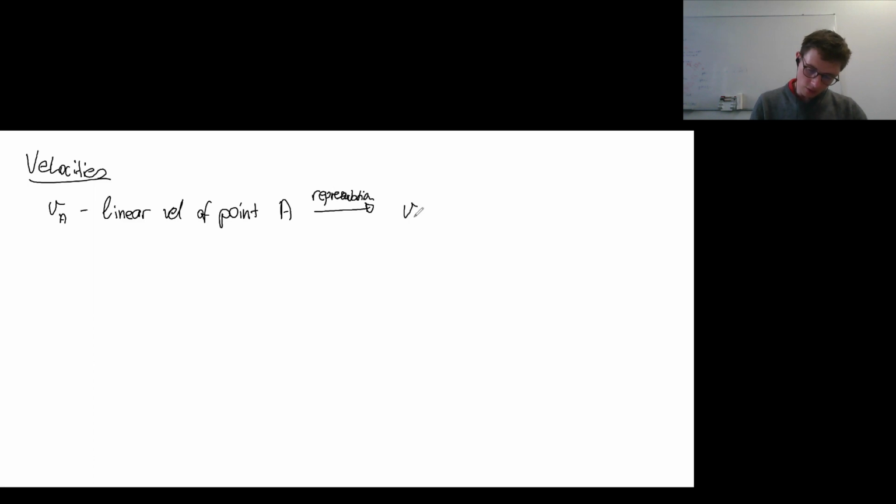That will be v_A in, let's say, for example, B frame. Just as before with the position vector, we need to use a specific frame to express our vector in.